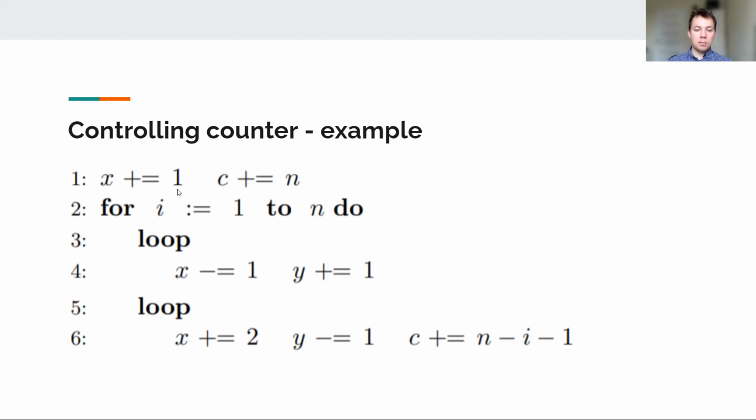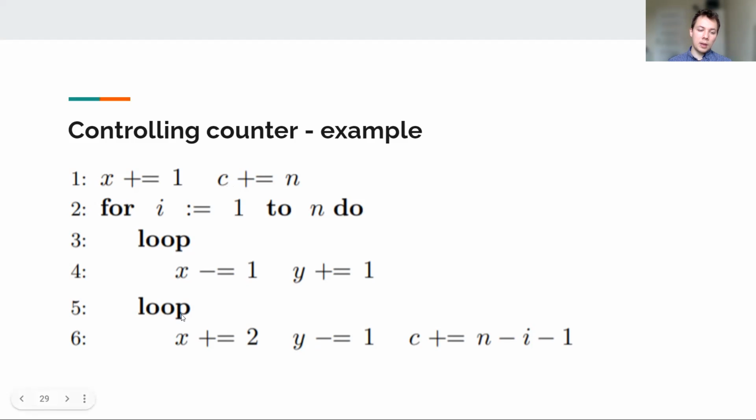So in line 1, we have to add n to the controlling counter because n times 1. Here we are changing x and we're changing y, and we want to test the same number of times these two counters, so the controlling counter doesn't change.